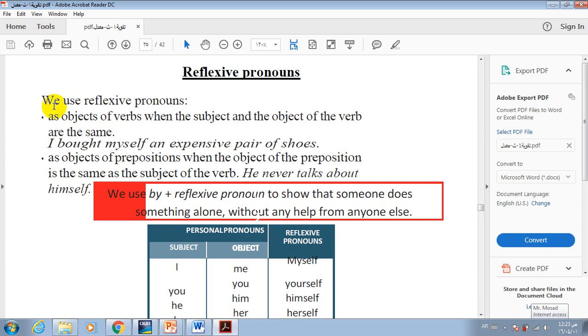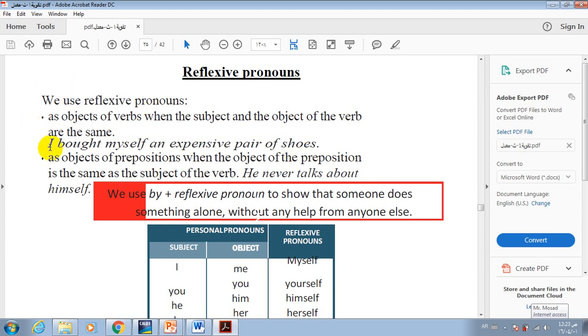How do we use reflexive pronouns in sentences? We use reflexive pronouns as objects of verbs when the subject and the object of the verb are the same. Like this example, I bought myself an expensive pair of shoes.